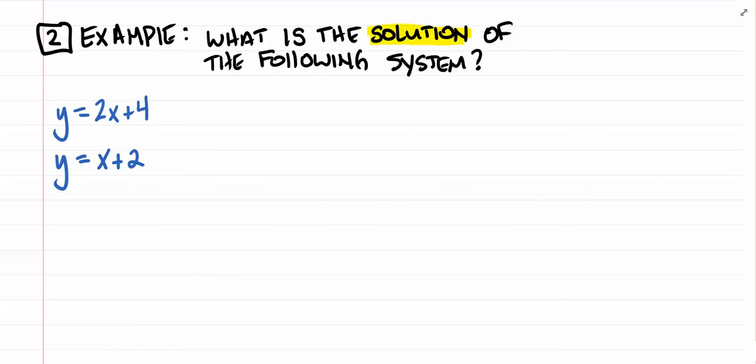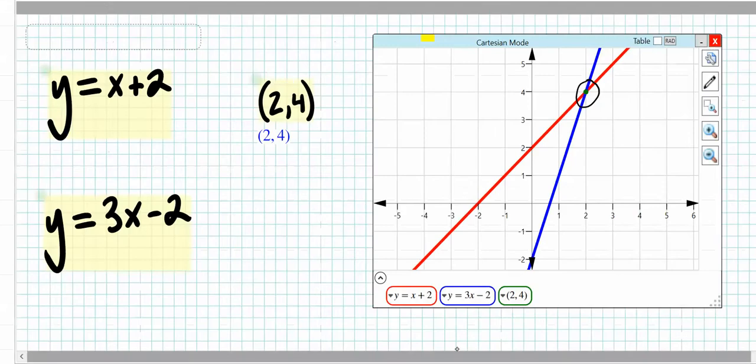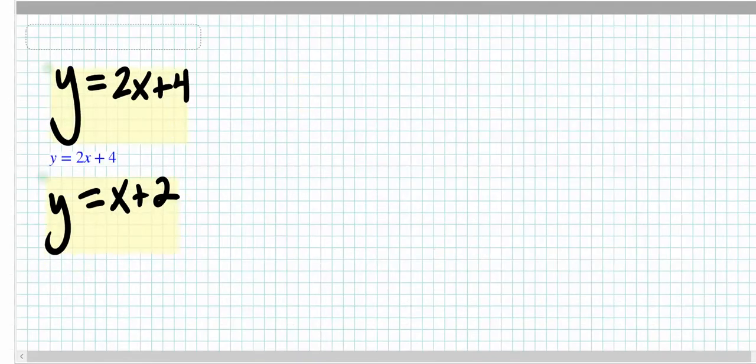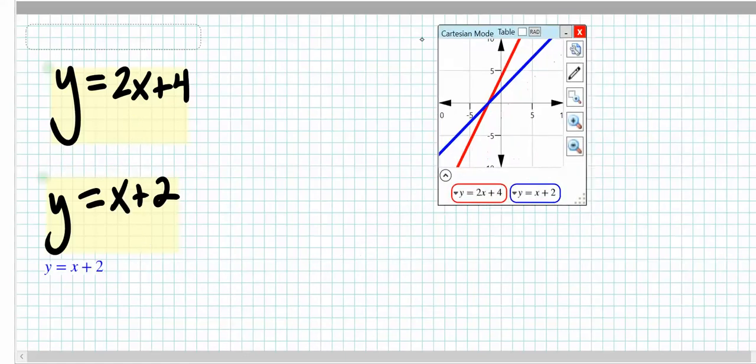Box number 2 is an example. It says, what is the solution of the following system? So I have y equals 2x plus 4 and y equals x plus 2. So what I want to do is show you the graphs of these. So here we go. Y equals 2x plus 4 and y equals x plus 2. So let's graph both of them simultaneously at the same time.